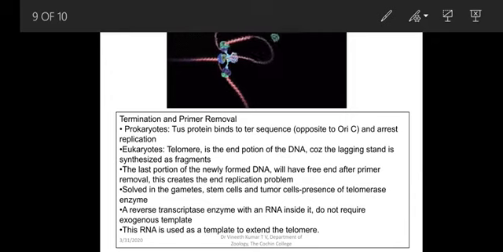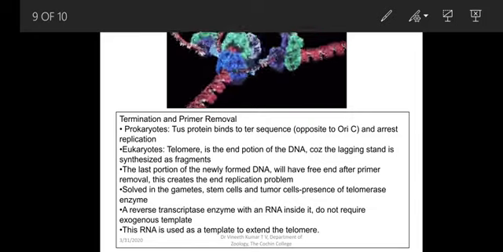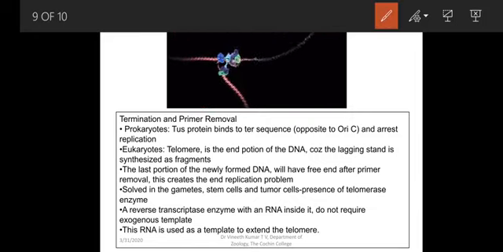Coming to the termination process, there is a difference in termination between prokaryotes and eukaryotes. In the case of prokaryotes, as I said earlier, they have circular DNA.